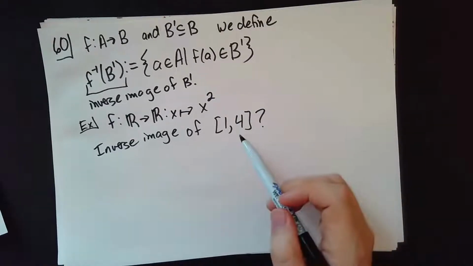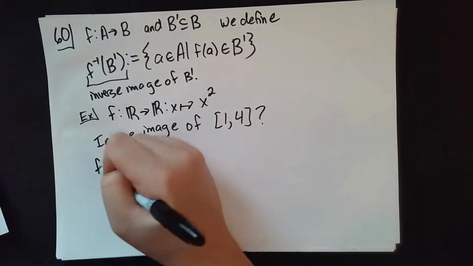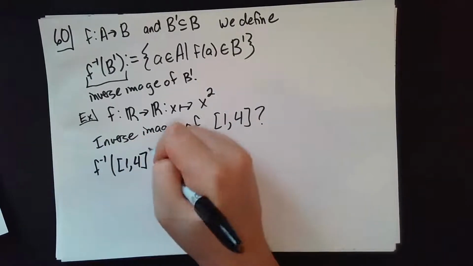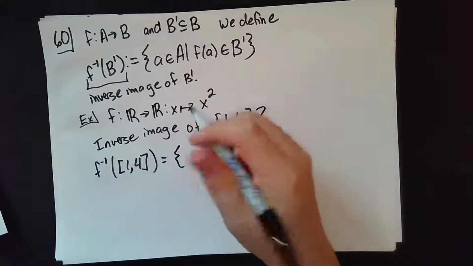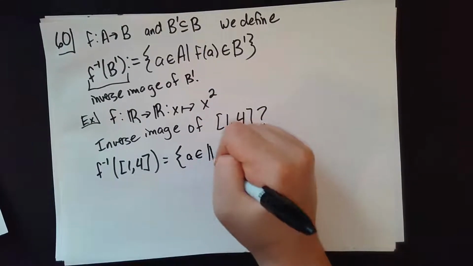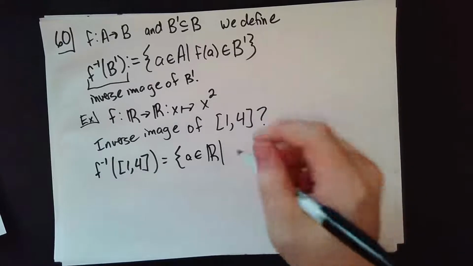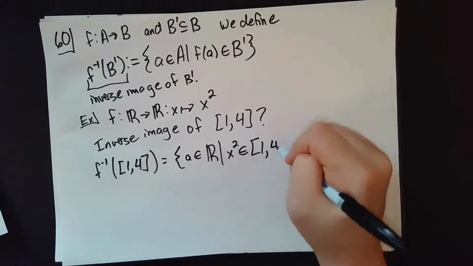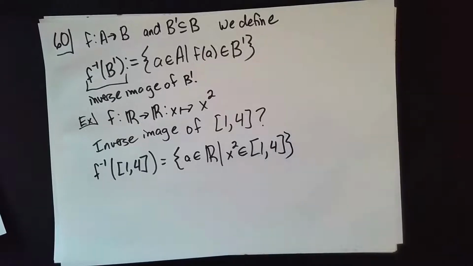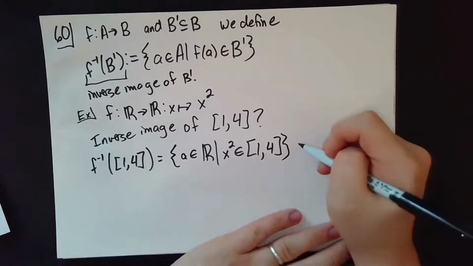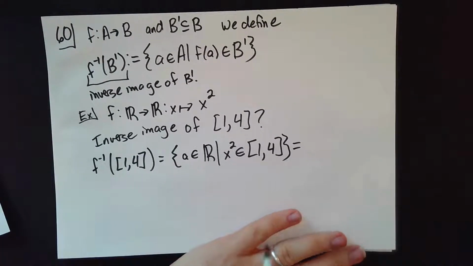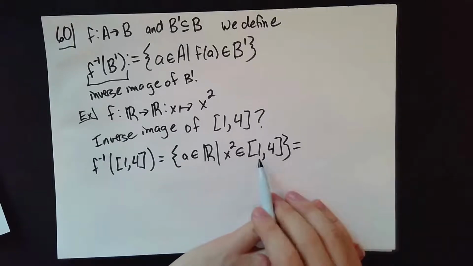Okay, well, let's just spell this out. So f inverse of the closed interval 1, 4 is the set of x in R such that x squared is in the interval 1, 4. Okay, and what numbers here am I describing? Well, what numbers square to something between 1 and 4?